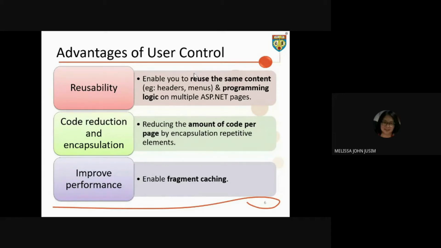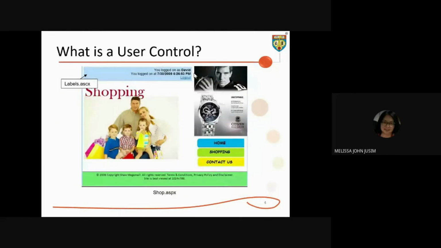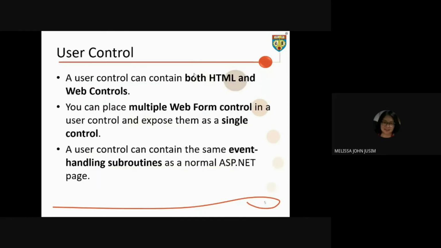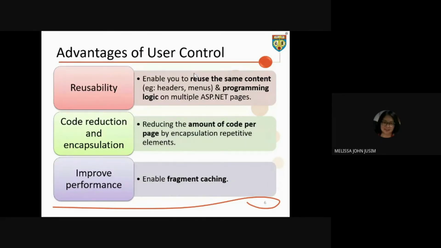We only cache the content that is more or less stable, that will not change most of the time. The one that will change is the user control, so perhaps you don't want to cache the user control. You might want to just cache the rest of the page. So with user control, you can enable fragment caching.